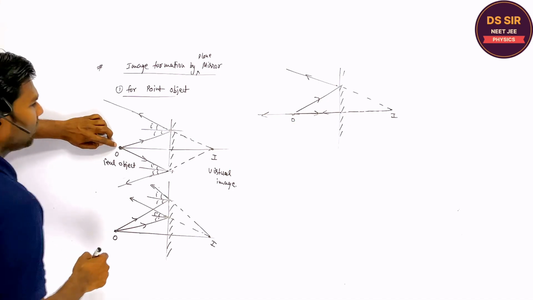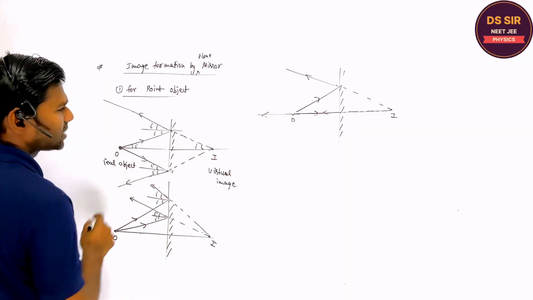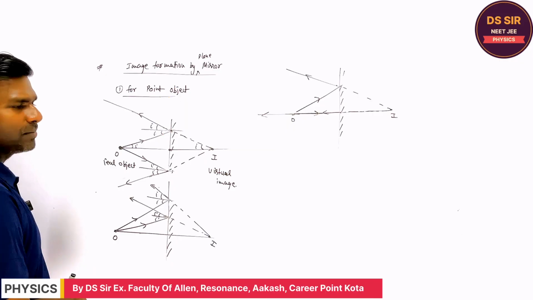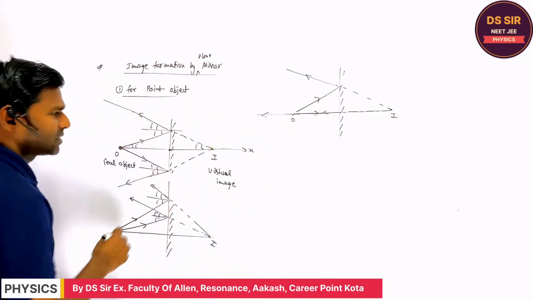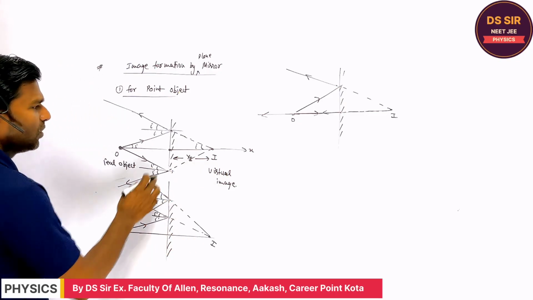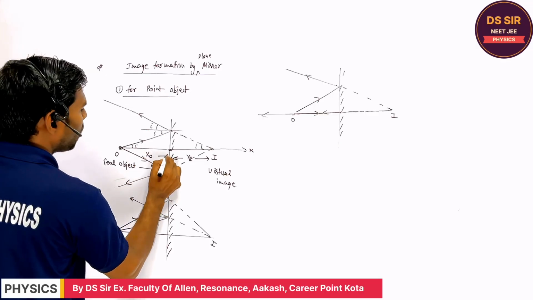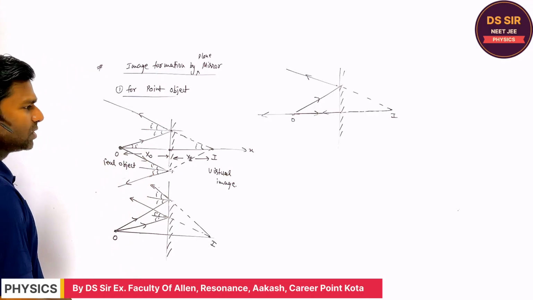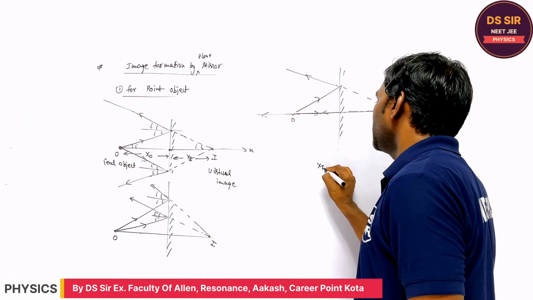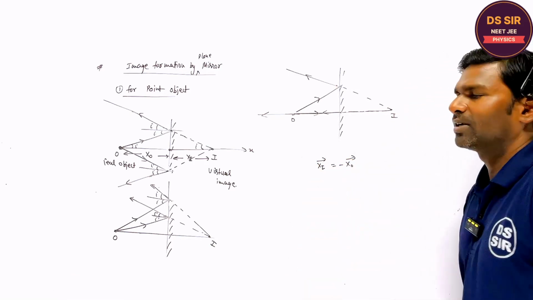One more thing, if this angle is I, this angle is I, this angle is I, this is the isosceles triangle, right? So if you assume this is the origin, and you assume this is the x, this is the distance of the image from the origin, and this is the distance of the object from the origin, right? If you write it as a vector, the image distance vector is just opposite to the object distance vector, right?